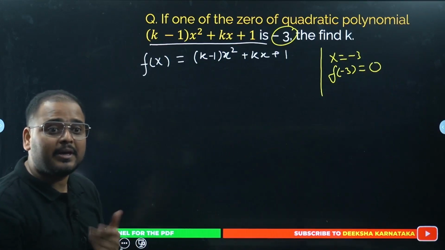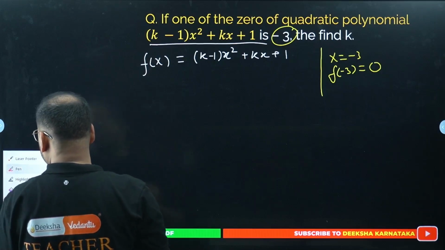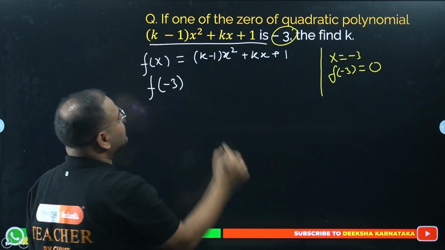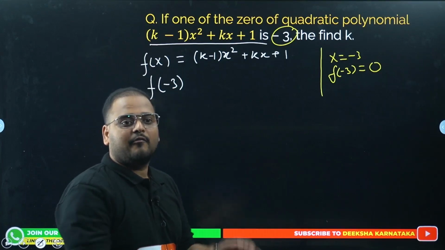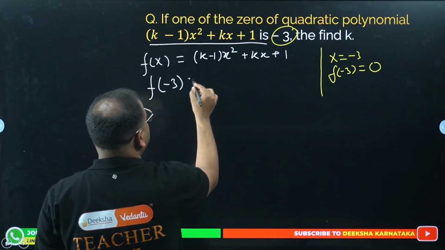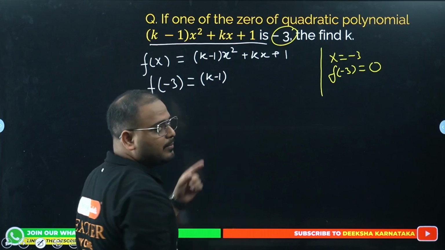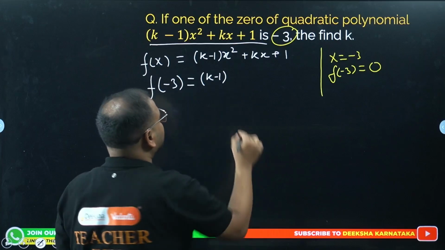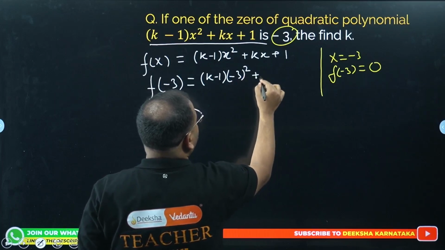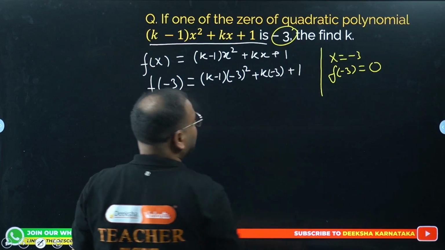Then let's do that without wasting time. f of minus 3 means wherever there is x, replace it with minus 3. Let's do it. (k minus 1), will I replace k? No, only x. So (minus 3) square plus k times (minus 3) plus 1.